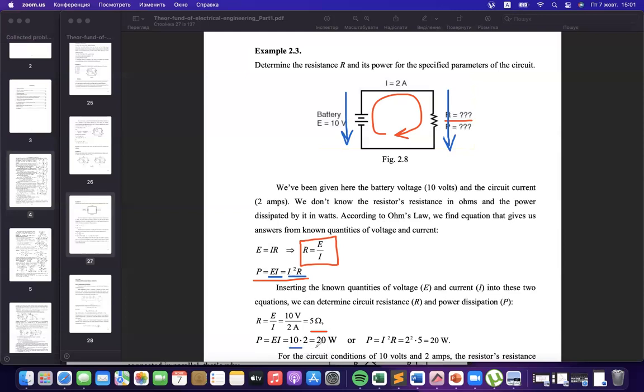Source gives you 10 times 2 equals 20 watts. For the consumer, Joule heating, the square of 2 amperes current from the initial data, multiplied by resistivity, also 20 watts. And that is the answer of this simple task.